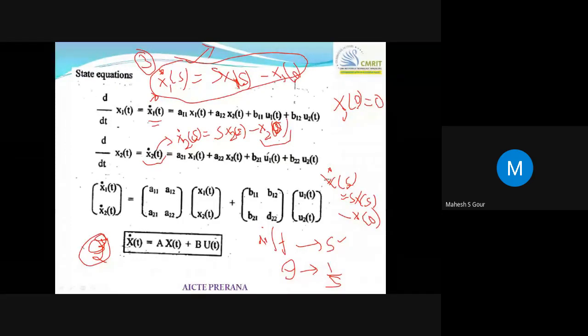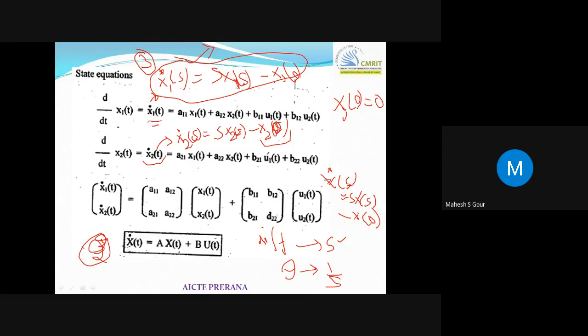And you need to know the basics of matrix multiplication, how to take the inverse, and how to write the adjoint matrix, right? In your engineering syllabus, you only have 2 cross 2 matrices, not more than that. So taking the inverse will be pretty easy.